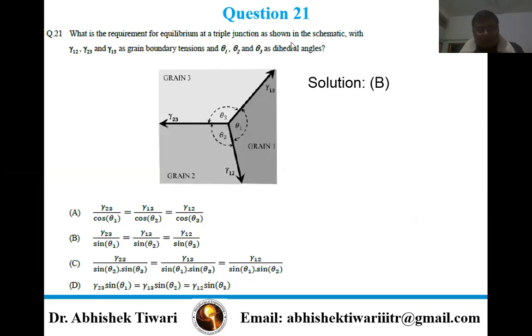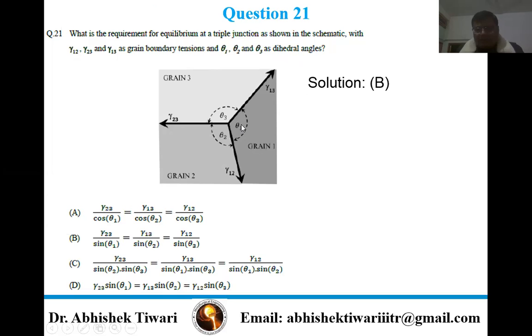Now question number 21. So this is typical. What is the requirement for equilibrium at a triple junction as shown in the figure, with gamma 12, gamma 23, gamma 13 as grain boundary tensions, and theta 1, theta 2, theta 3 are dihedral angles.